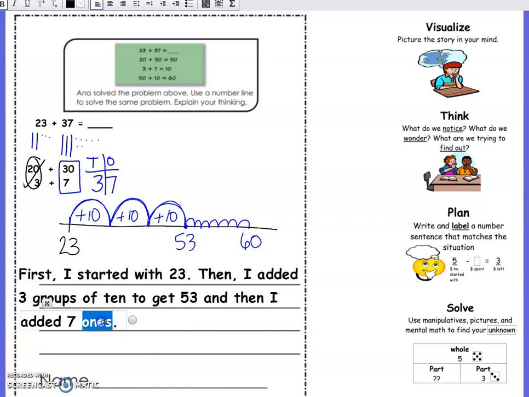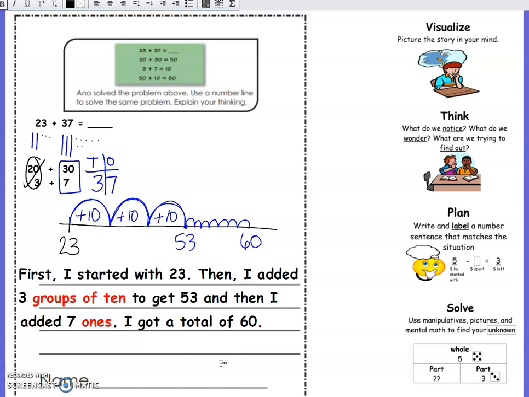So you're thinking about your vocabulary words as well, right? So we have our groups of 10 and our ones. So just think about that as you're writing your response. 7 ones. Okay. I got a total of 60.